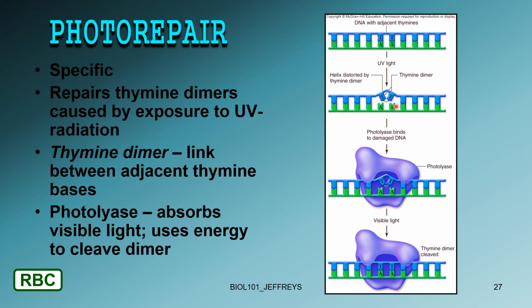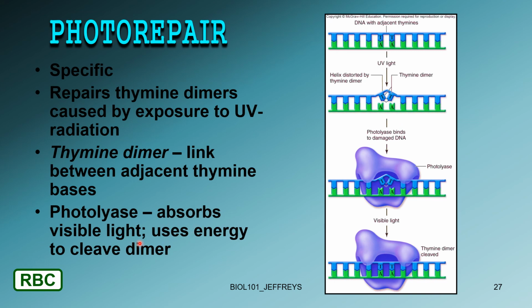We know the T's are already bound to the A's, but because of ultraviolet radiation, photons come in, bounce around, and cause those thymine residues to stick together. It's called a thymine dimer.